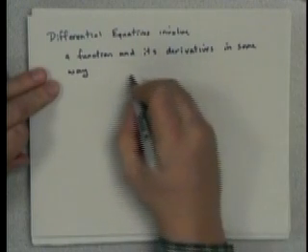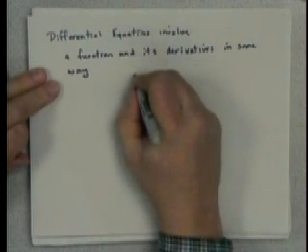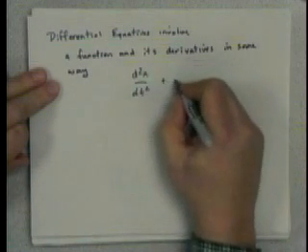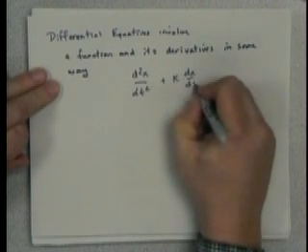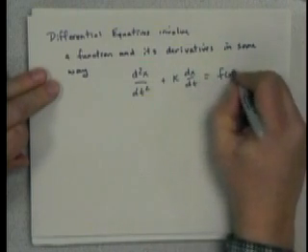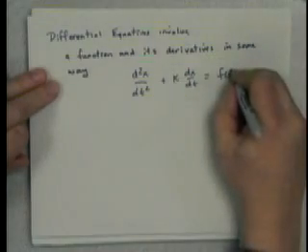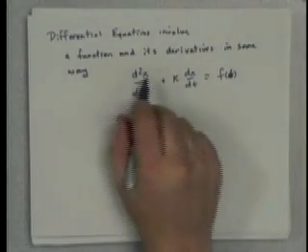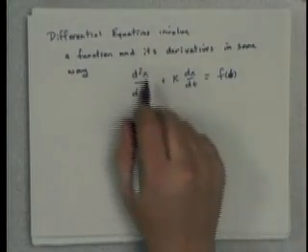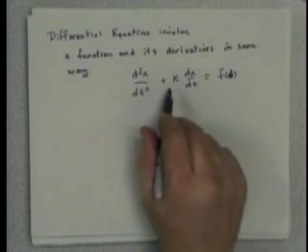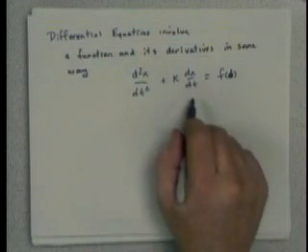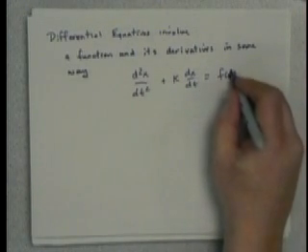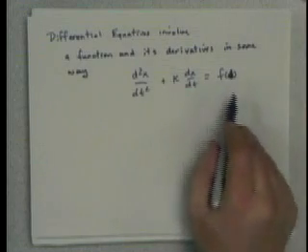You might see them, sometimes we write them like this. So here I have x as a function of t, so I have the second order derivative of x with respect to t, plus some constant times the first order derivative of x with respect to t, and equals some other function of t, which isn't x over here.